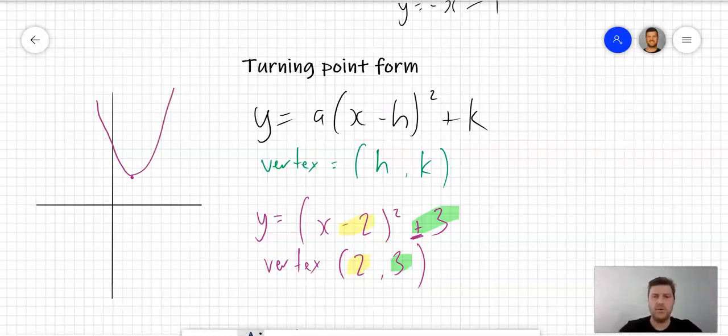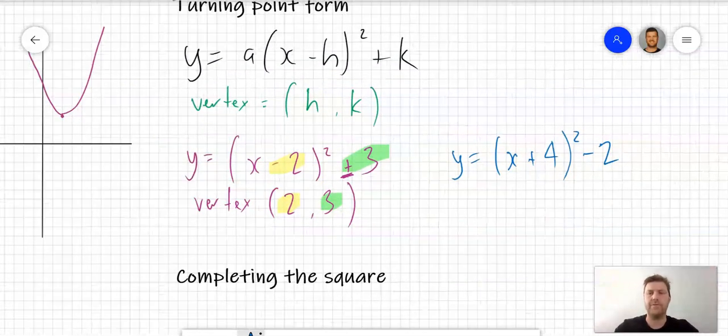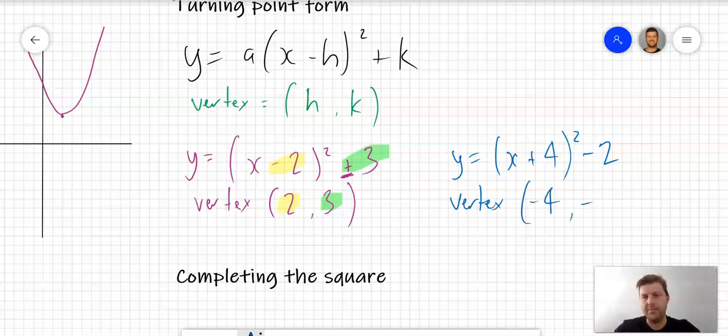y equals, in turning point form again, (x plus 4) all squared take 2. So here we go, the vertex is at minus 4 this time, minus 2.